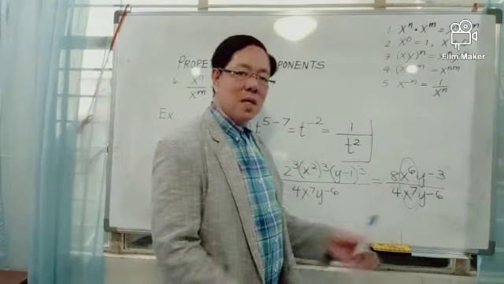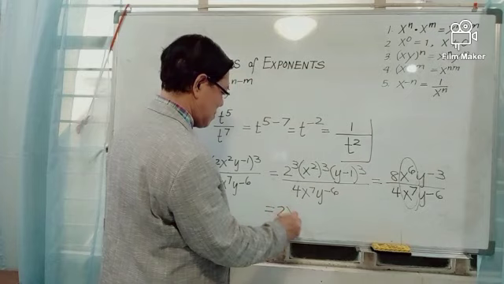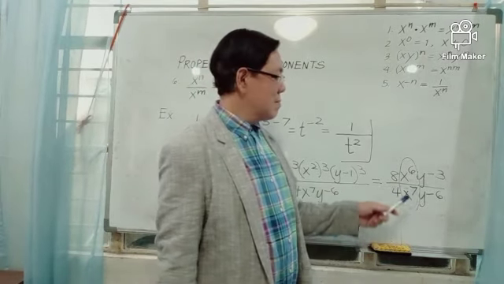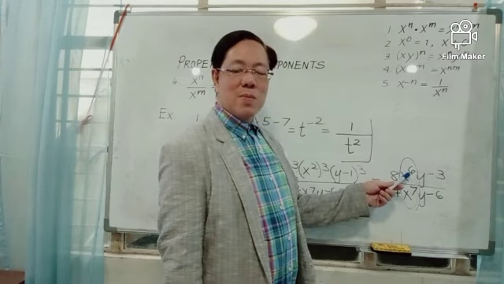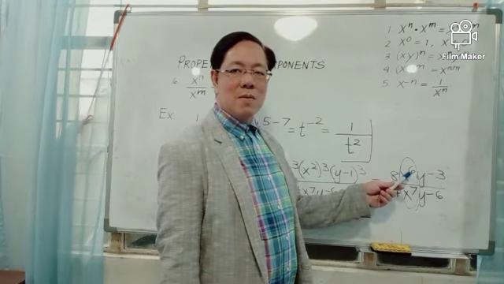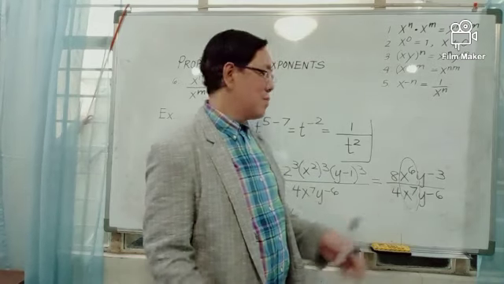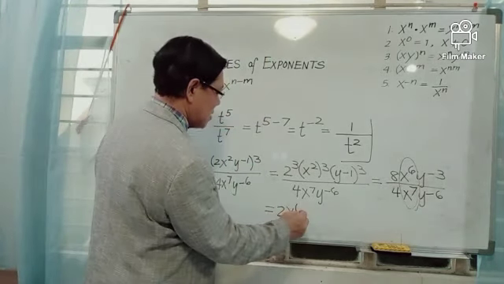Copy the common base x and get the difference of the exponents, beginning with the exponent of x in the numerator minus the exponent of x in the denominator. We have 6 minus 7.